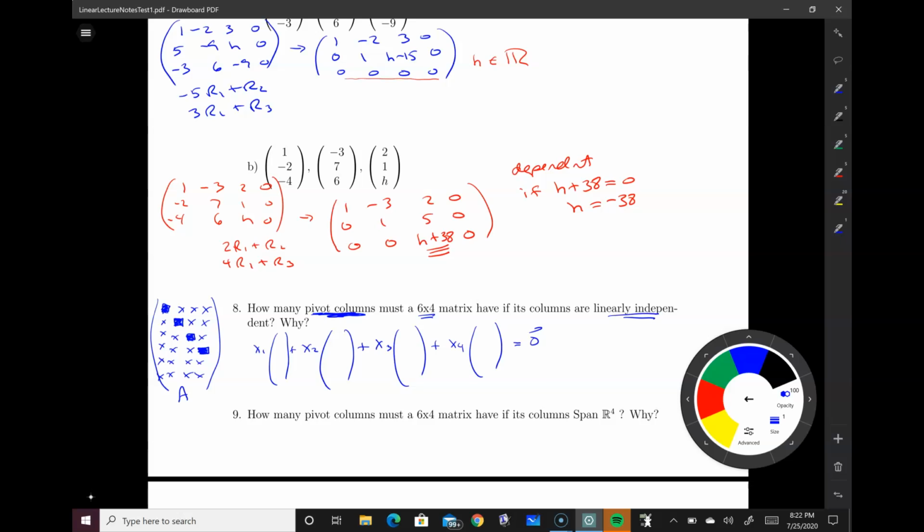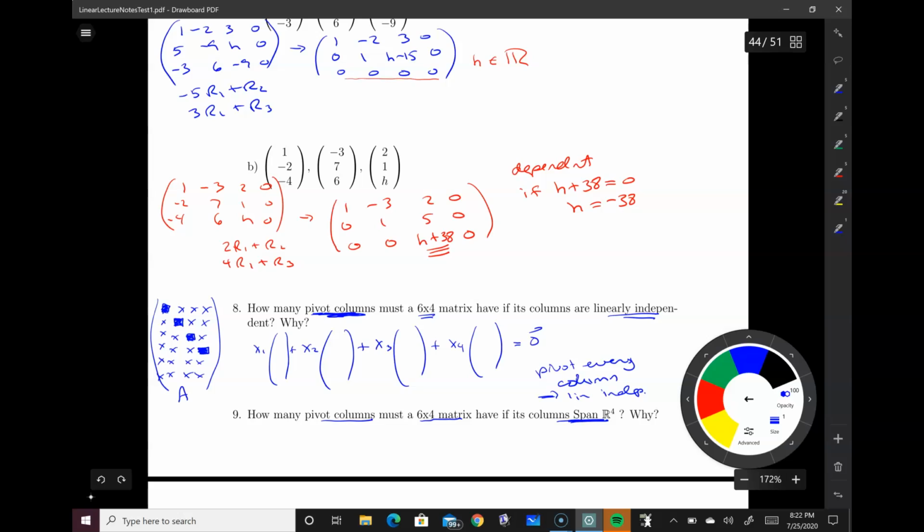So what it's going to translate to is if I have a pivot in every column, that means linear independence.